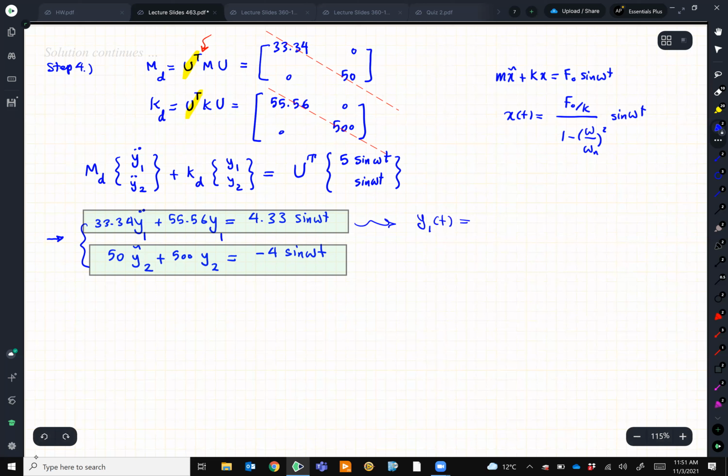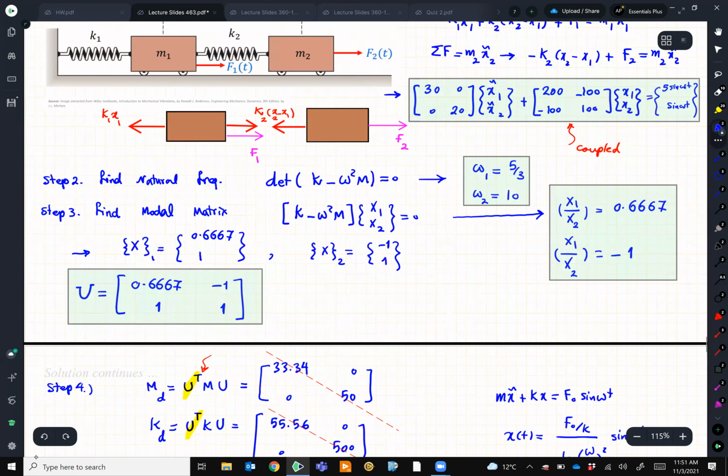All right, so it means you can find y1(t), and you can find y2(t). Now that you have y1 and y2, simply your x1(t), x2(t), that's step number 5. Putting everything back, moving one step back, making sure about the formula.